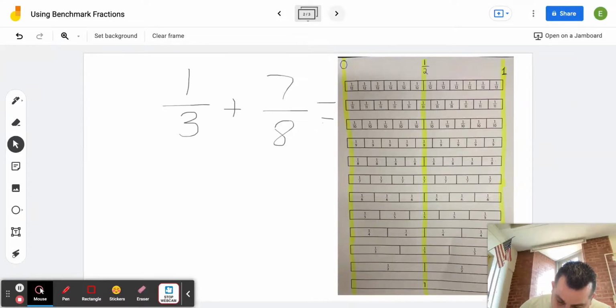And so there's 1/3. Is 1/3 closest to 0, 1/2, or 1 whole? Here is 0, here's 1/2, and there is 1 whole. Well, it looks like it is closest to 1/2, right in the middle.